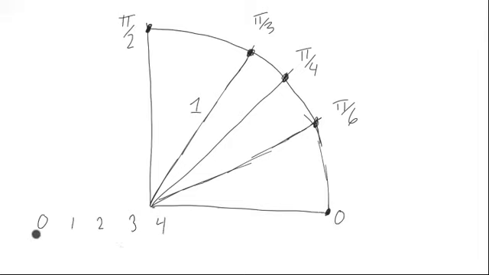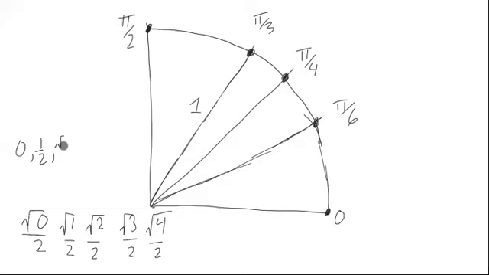Oh, how so? Well, what we're going to do to this list is we simply square root each number and then divide by 2. Notice that this list just becomes 0, 1/2, square root of 2 over 2. Another way of writing that is 1 over square root of 2. That's often useful to realize.